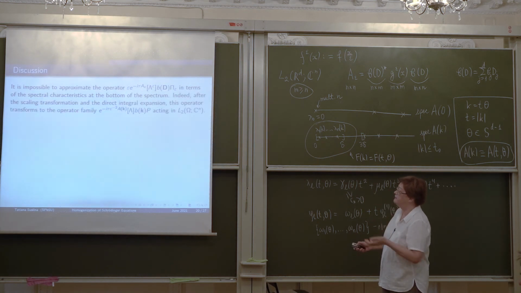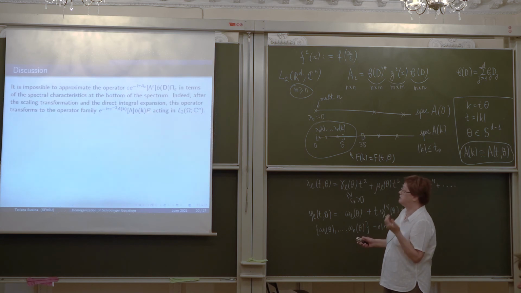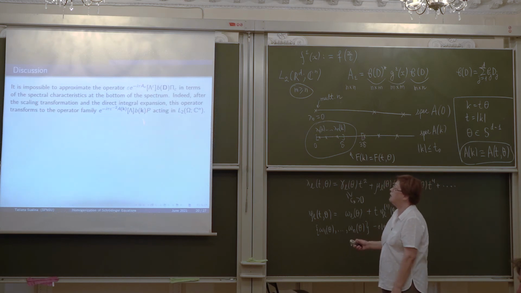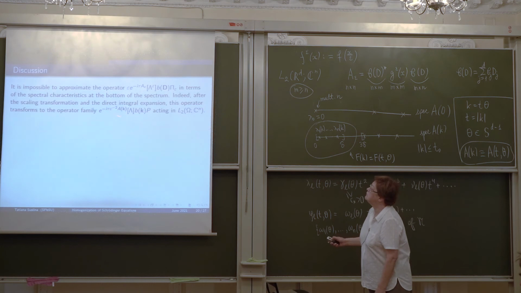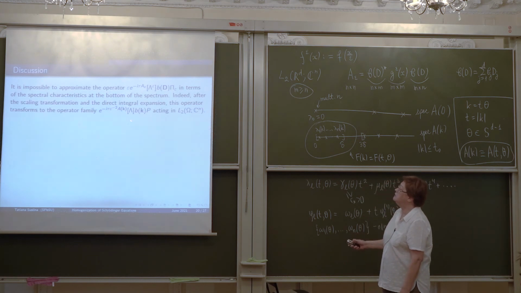If we apply the scaling transformation and next the direct integral expansion, we have to analyze this operator. Operator in L2 omega, here we have A of k, here multiplication just by the symbol B of k, and here multiplication by lambda.